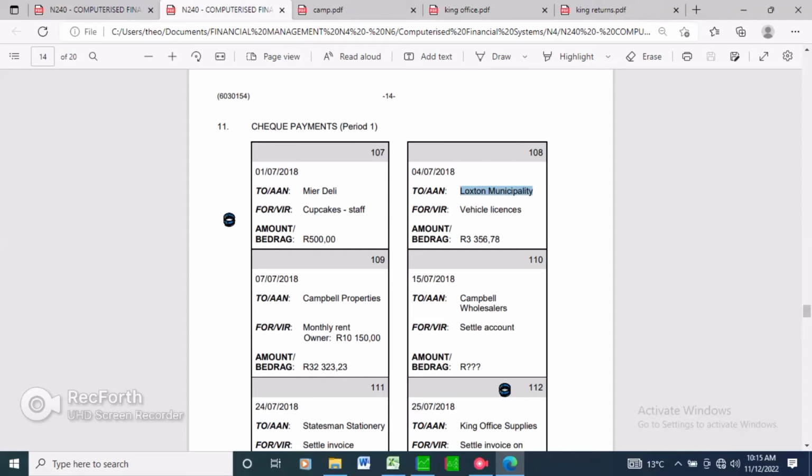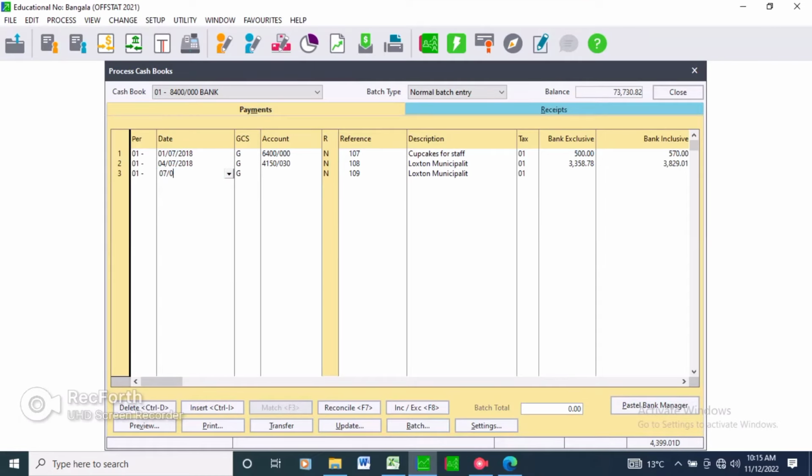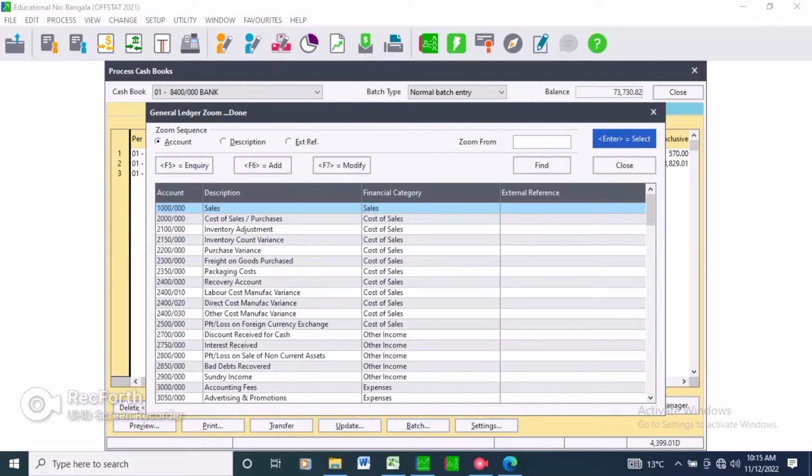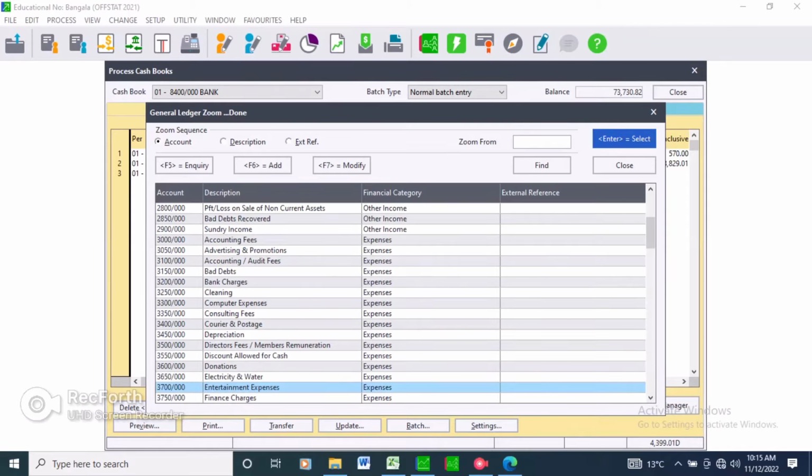Okay, let's process this one and show you. 07/07/2018, guys. Tab. I'll start with the one for rent, guys. Rent paid of how much? The reference, guys, will be the same. This one is for Campbell. Let me check the spelling for Campbell.